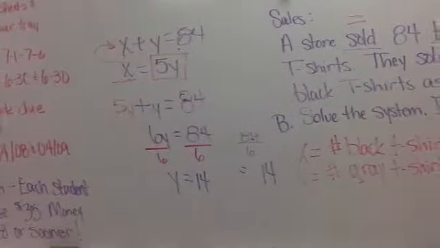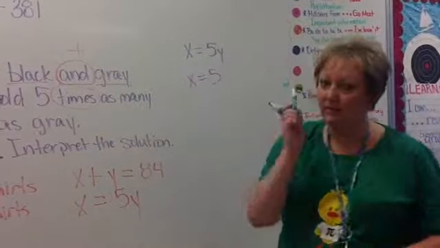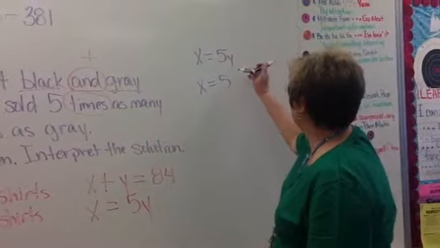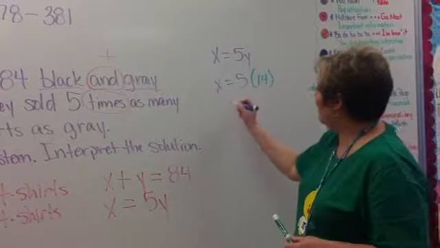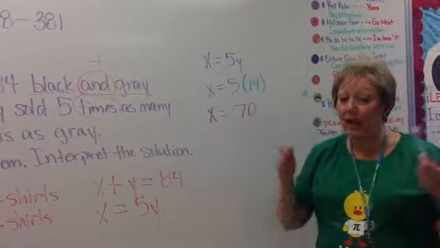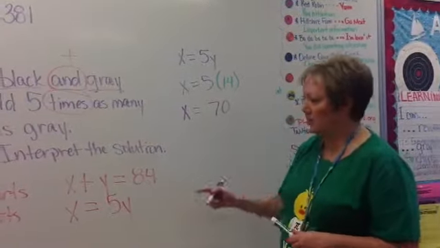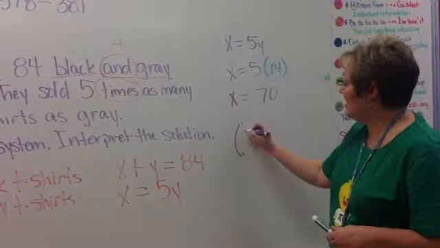So we've got x equals 5, don't forget to use your friend parentheses, times 14. 5 times 14 is 70. Now you're ready to write your ordered pair solution. Your solution: x is 70 and y is 14.